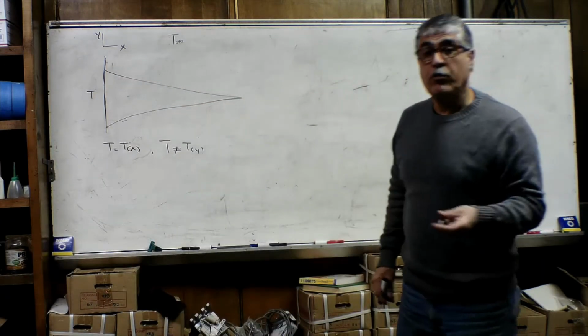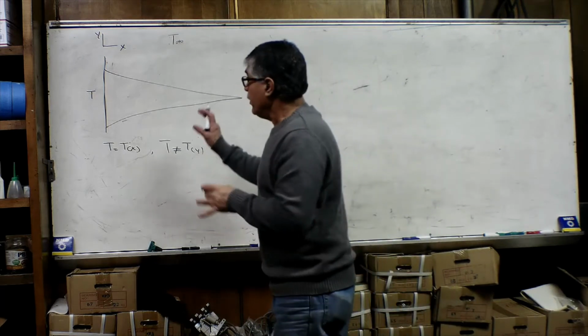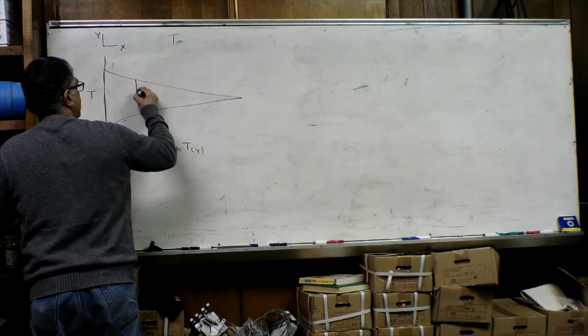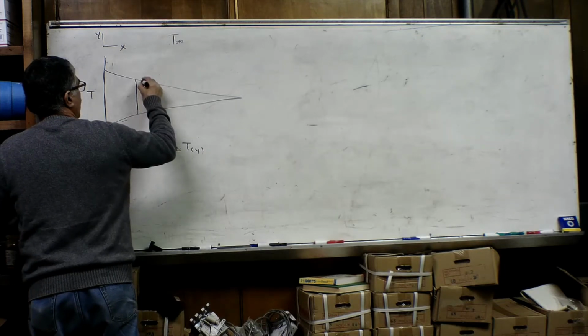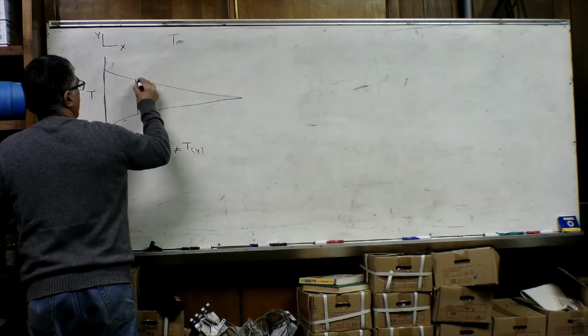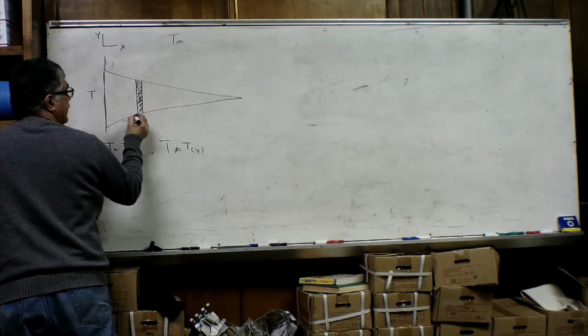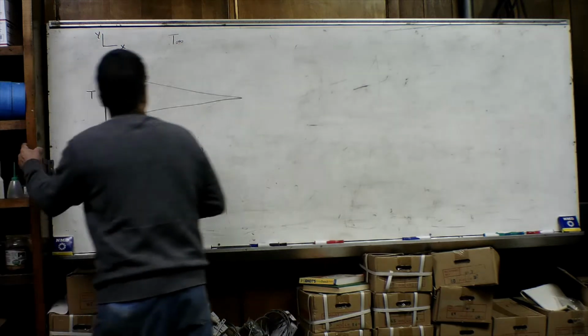Now let's assume a control volume within this extended surface, and let's assume that the thickness of this control volume is dx.